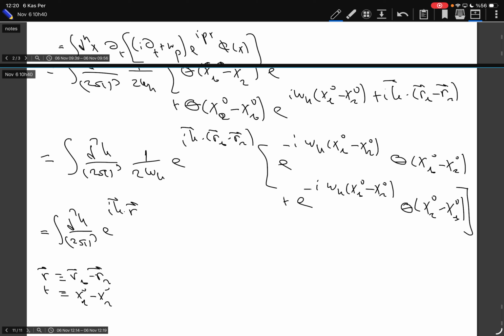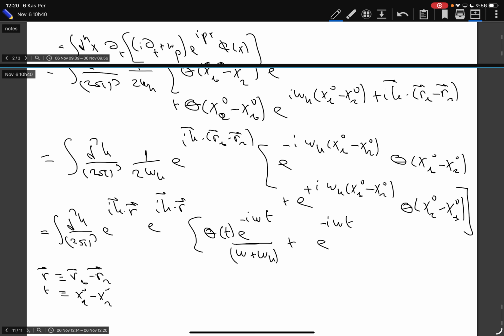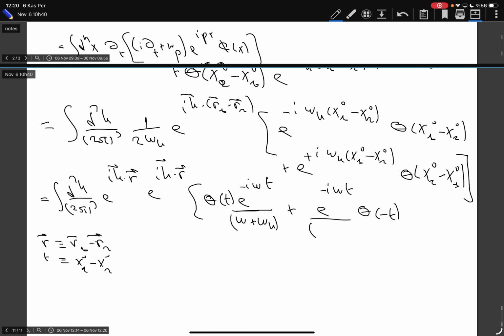So I will have e to the power i k dot r, theta of t, e to the power minus i omega t divided by omega plus omega k, plus e to the power minus i omega t theta of minus t divided by omega minus omega k.